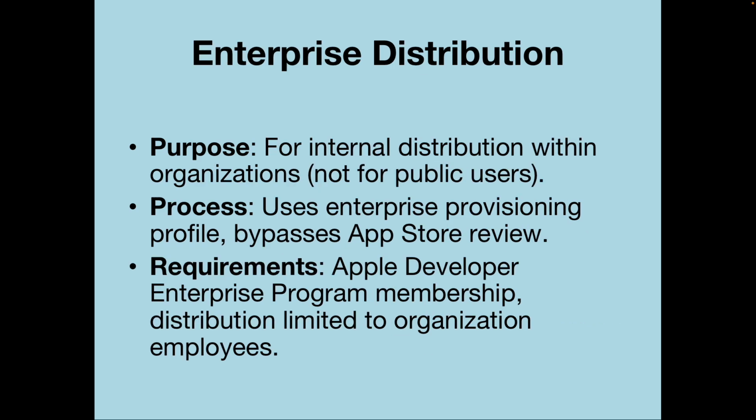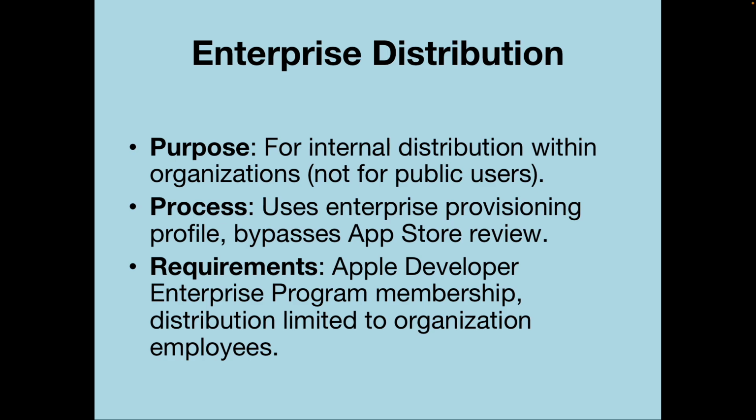Next, we have enterprise distribution. This is for internal distribution within organizations. Suppose you want to distribute apps internally, bypassing the App Store entirely. With this method, there is no need for Apple's review process.